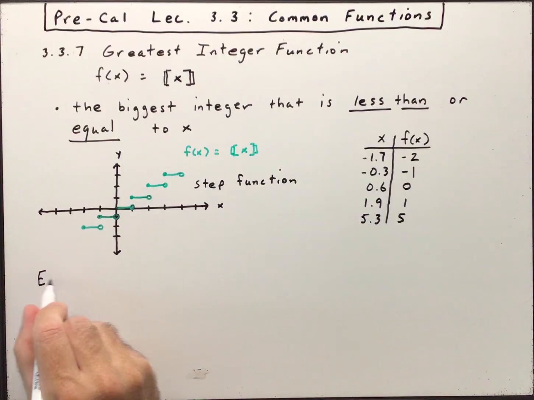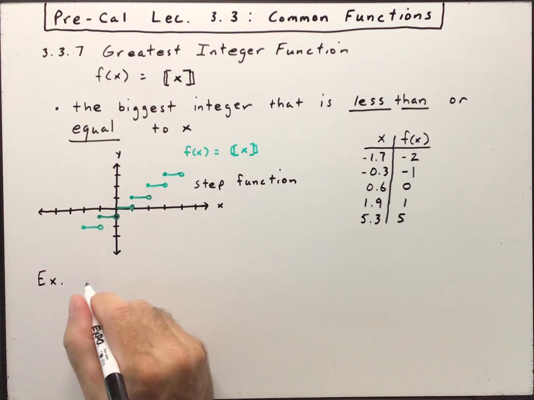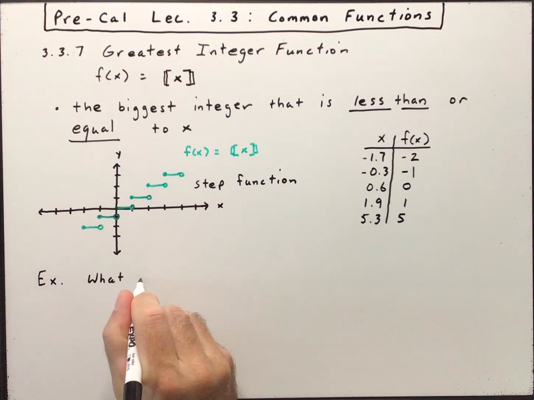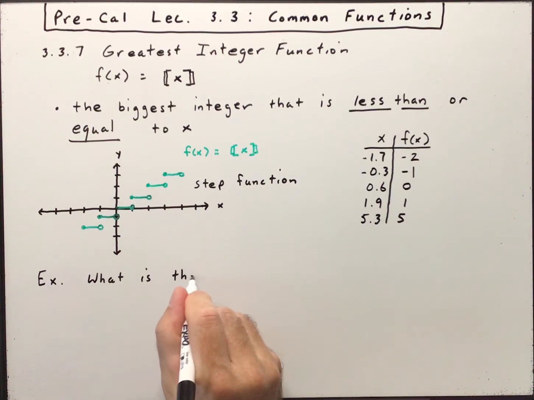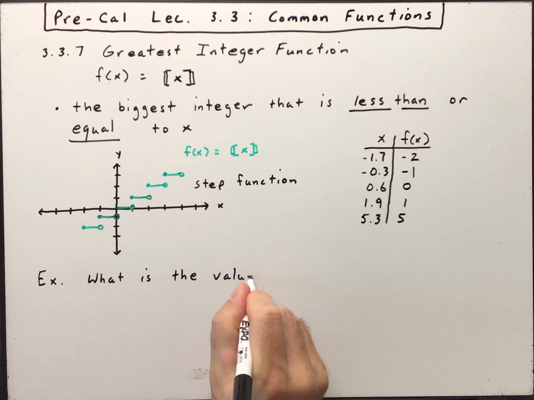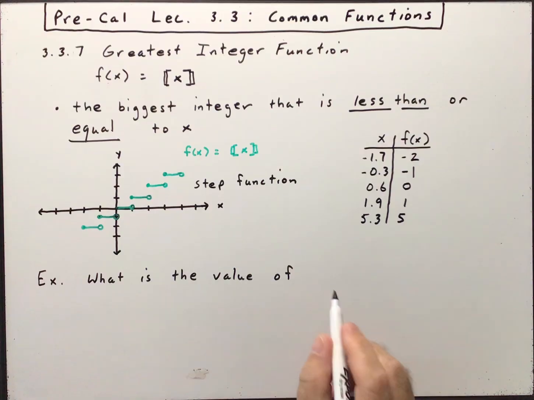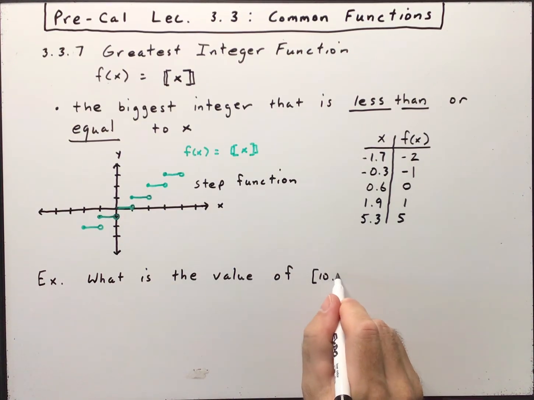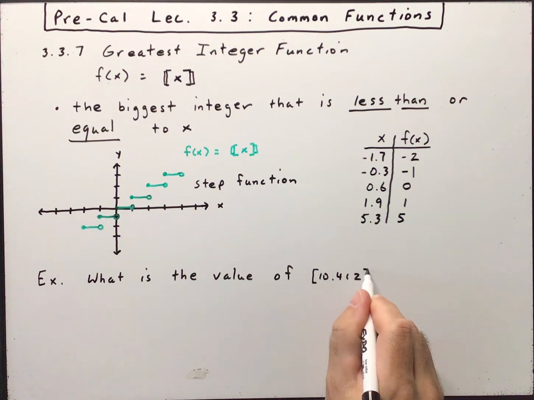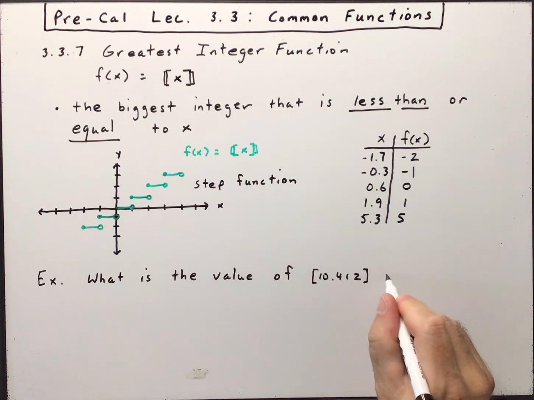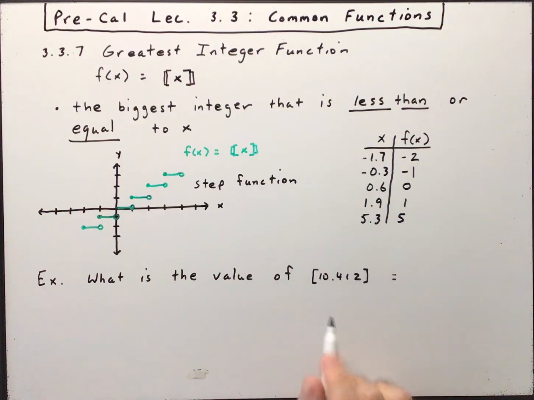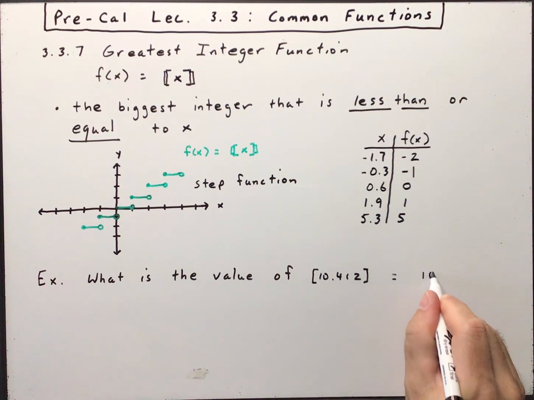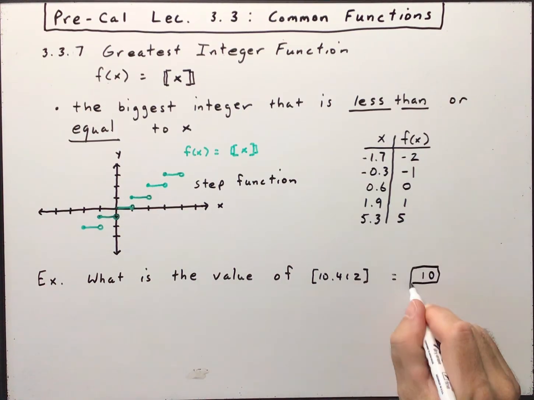So let's do some examples. So our first one is, what is the value of, and we've got the brackets around it, 10.412. Okay, so what is that? Well, with the greatest integer, 10.412 rounds down to 10, to the next integer downward.